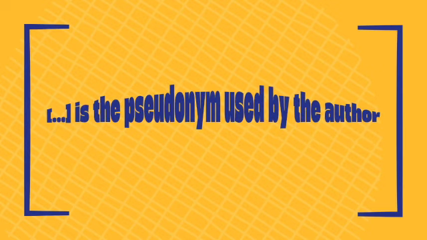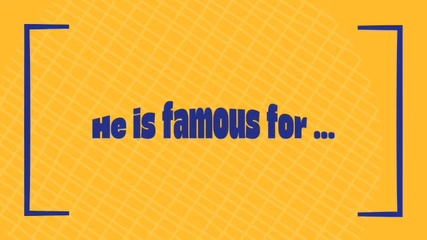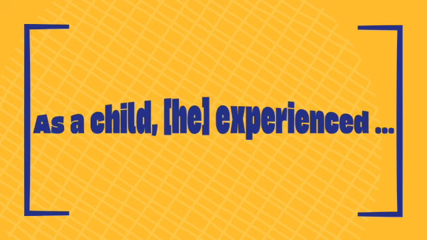Boz is the pseudonym used by the author. The author's date of birth is 1812 and he was born in Portsmouth. He's famous for capturing the struggles of ordinary people in his works. As a child, Dickens experienced financial hardships which deeply influenced his storytelling.